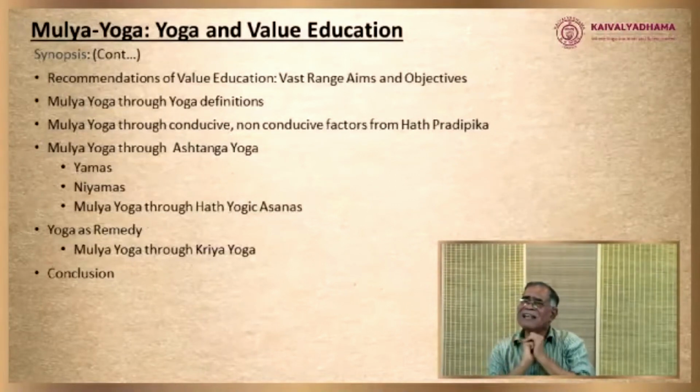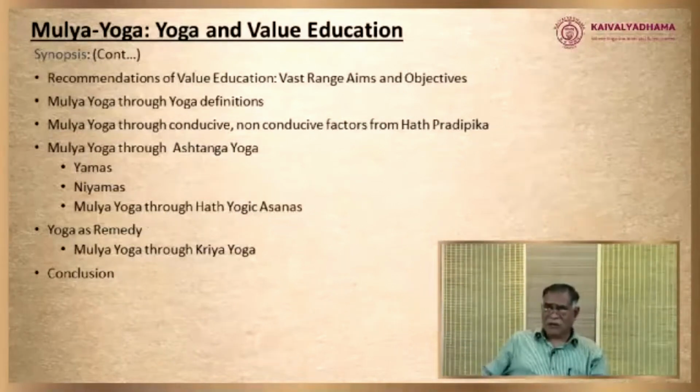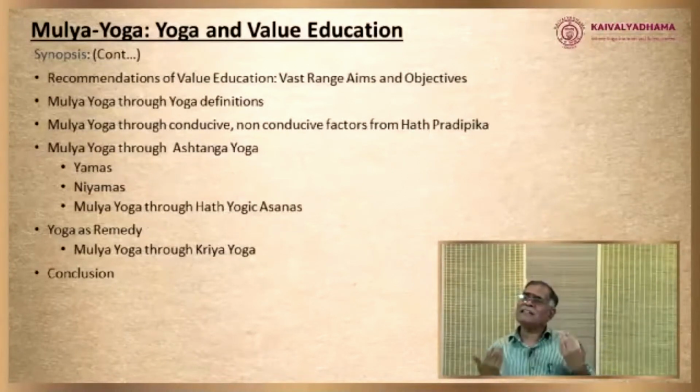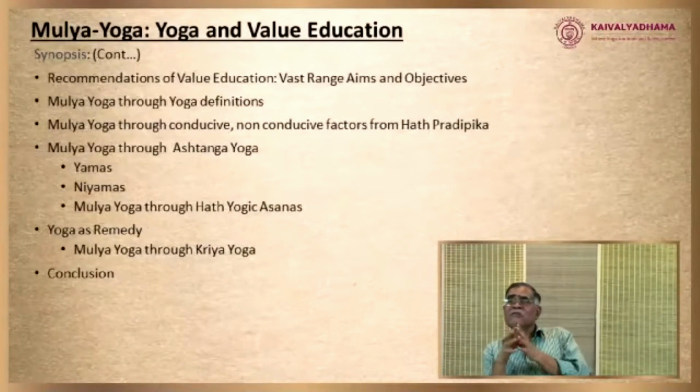Every education is value education. Then why separately talk about value education? Because every education is value education, and it is. To educate means to realize the values, to make values part of our education, character, and habits. That is the education. So then why the separate demand for value education?